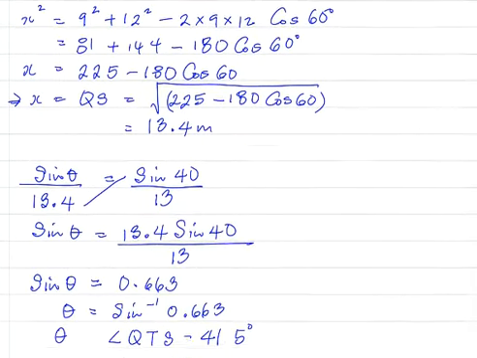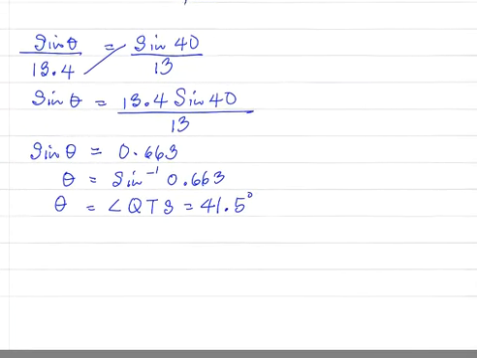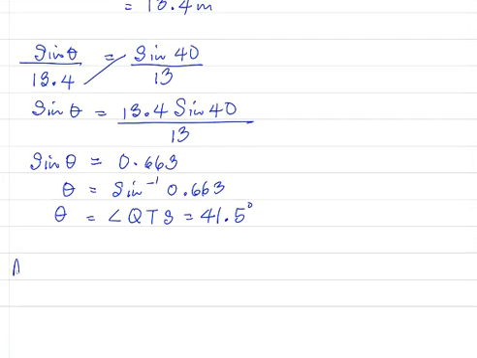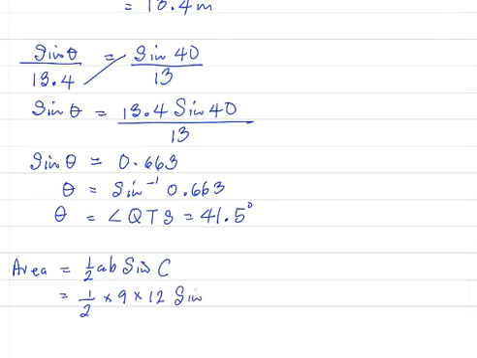So the area of triangle QRS is equal to a half ab sine C, which is equal to a half times 9 times 12 times the sine of 60 degrees.